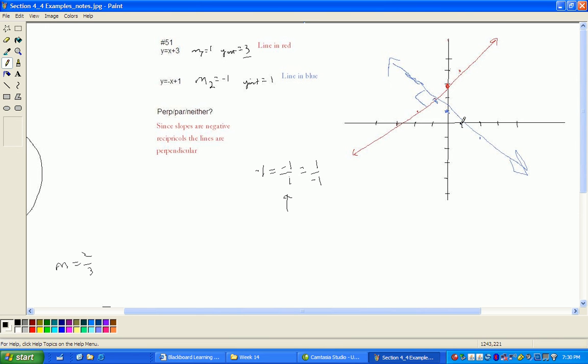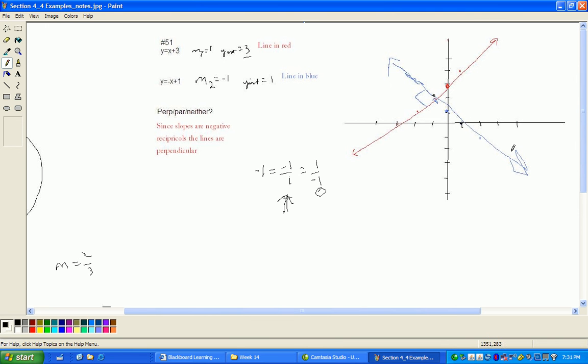If we do rise is positive 1 and run is negative 1, well, rise is positive 1, so we go up. A run of negative 1 means we go to the left, and it goes right there. So this refers to the second point. And you can see either way, we end up making another point on the line anyway. So we connect the dots, and here's our line for the second equation.